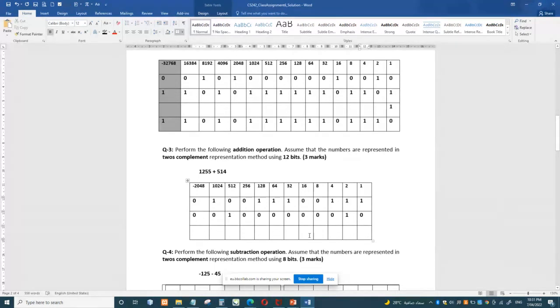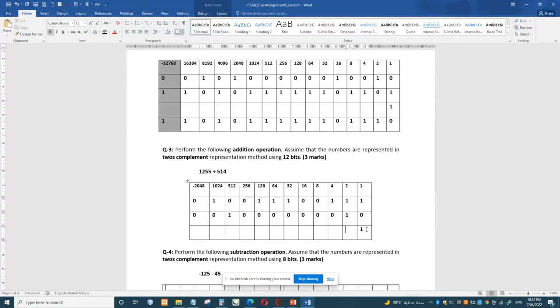That's the one. Now we are going to add our values. 1255 plus 514, both are positive numbers, and we are doing addition. So 1 plus 0 is 1. 1 plus 1 is 10, that is 2. 1 plus 1 is 2, which in binary is 10.